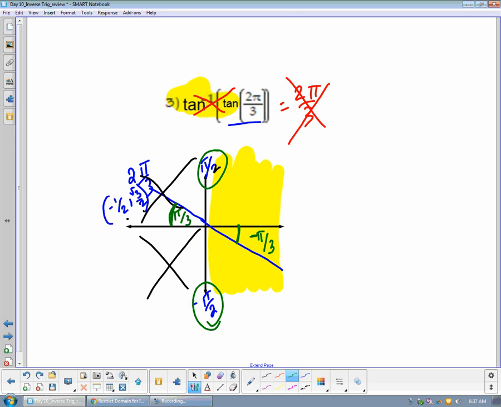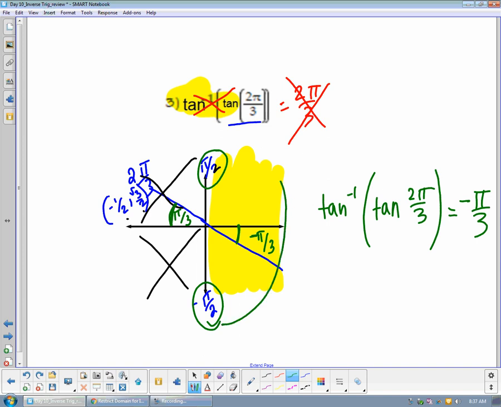This final answer, inverse tangent or arctangent of tangent of 2 pi over 3, is going to be negative pi over 3. It's still the same tangent value, but in the fourth quadrant and in our domain from negative pi over 2 to a positive pi over 2.